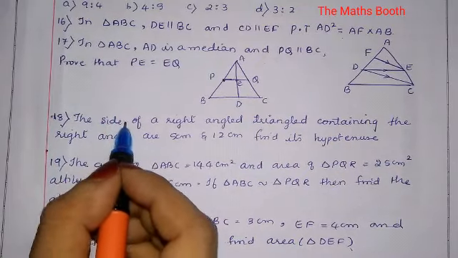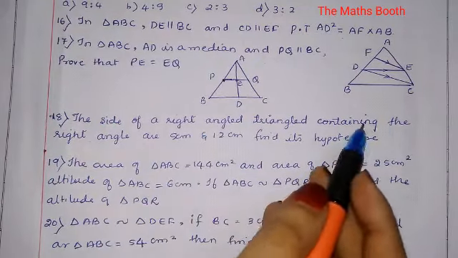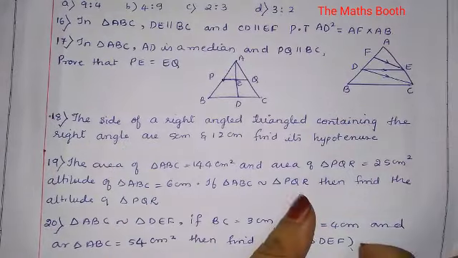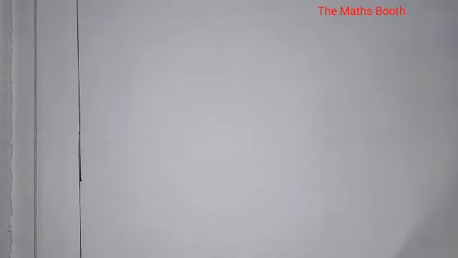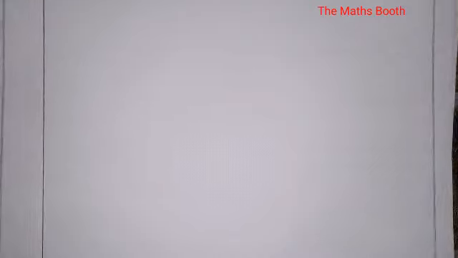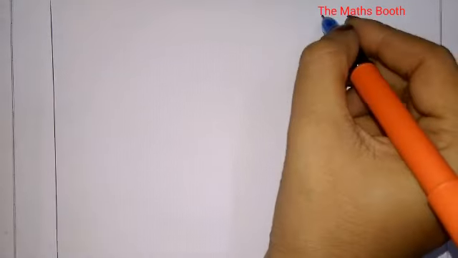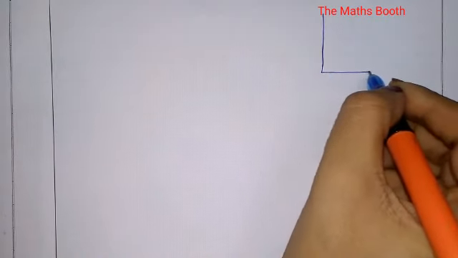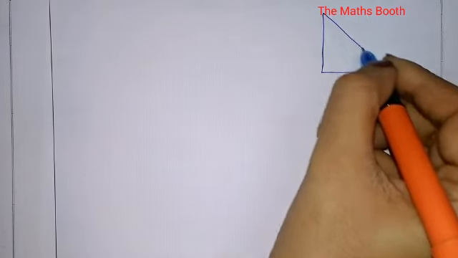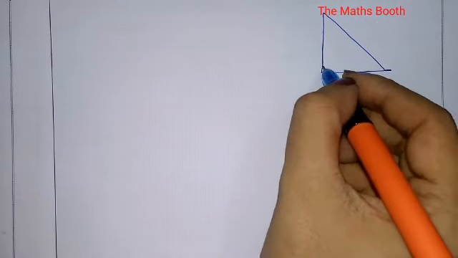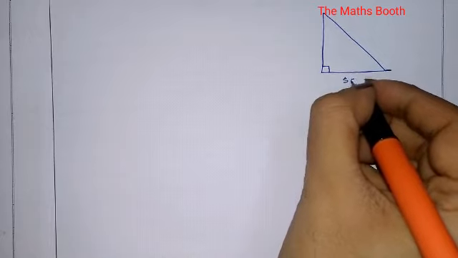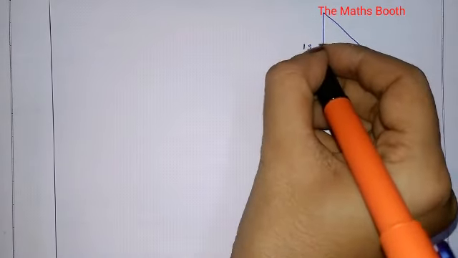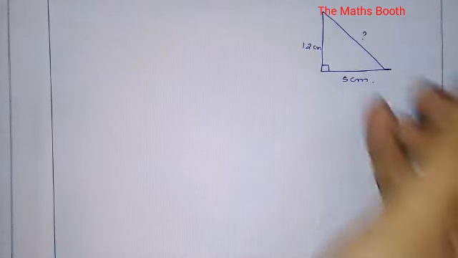What they have told, the sides of the right angle triangle containing the right angle are 5 cm and 12 cm, find the hypotenuse.